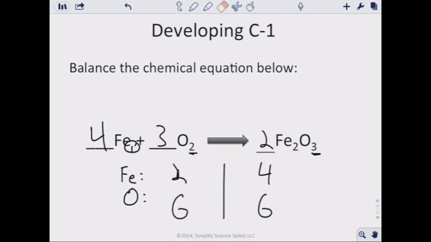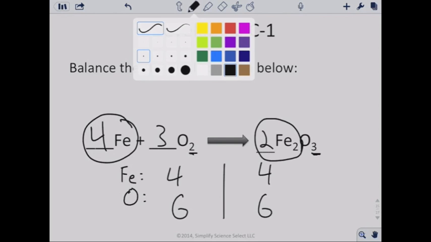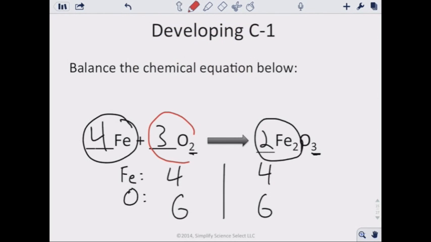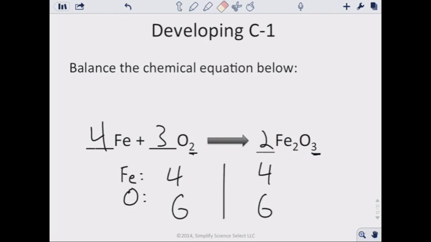And we can check ourselves. 4 irons, 4 irons. 6 oxygens, 6 oxygens. And now it's our balanced chemical equation. A lot of times they'll ask, what are the coefficients? Well, your coefficients are 4, 3, 2 for this chemical reaction.